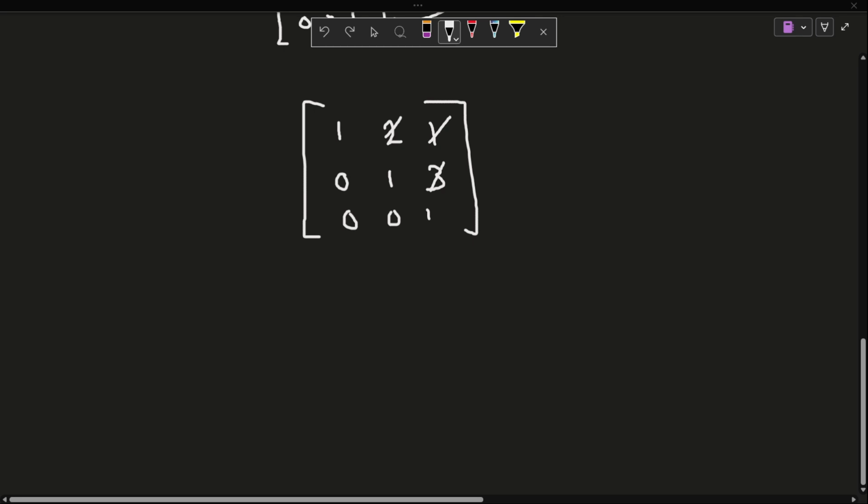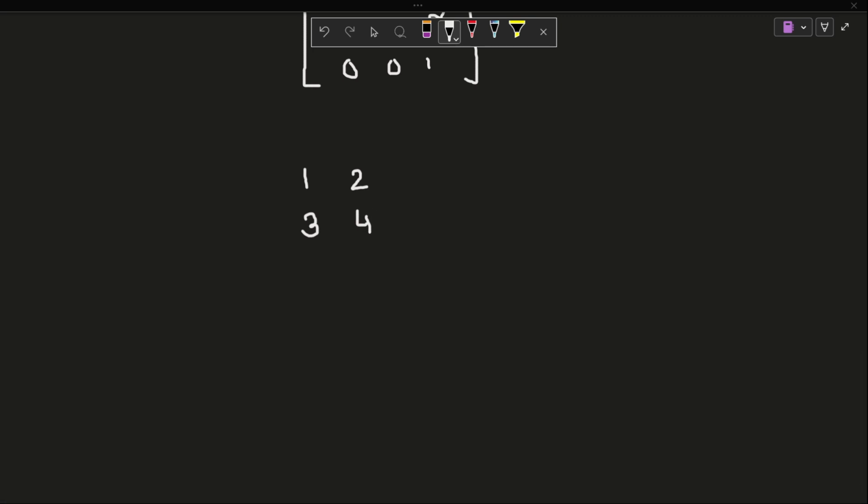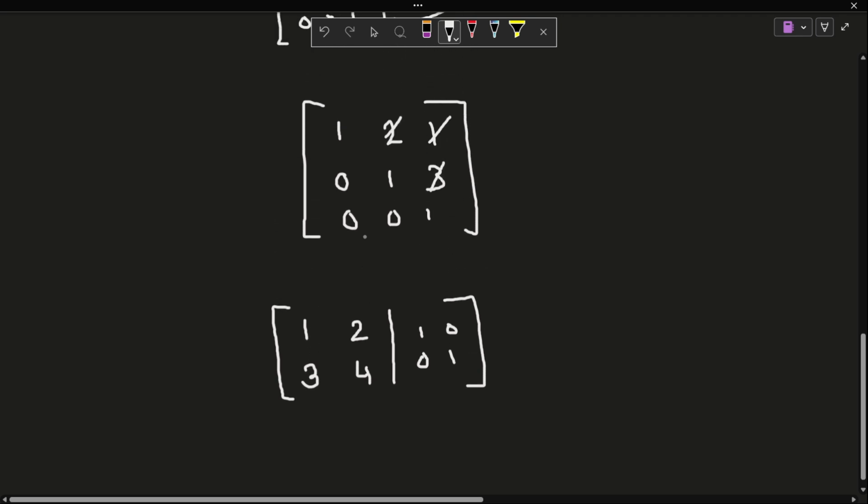So next order of business is actually finding the inverse. So the way we set up finding the inverse is we're going to put an augmented matrix here. And we're going to augment this with the identity matrix on the other side, right? So let's just take this at face value. Let's say that this is true. If you can transform it into an identity matrix, that means that it's invertible.